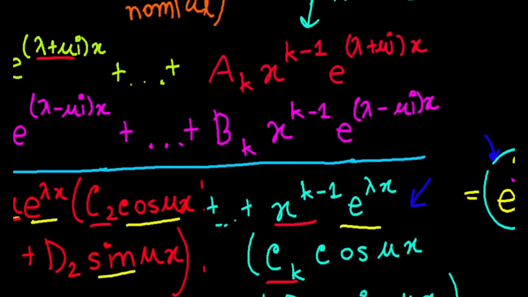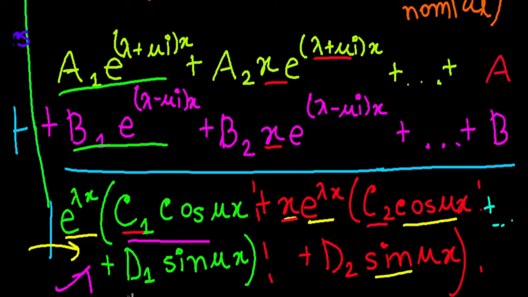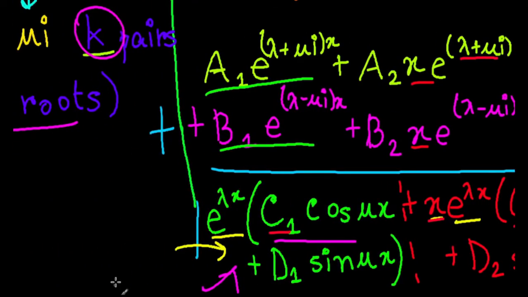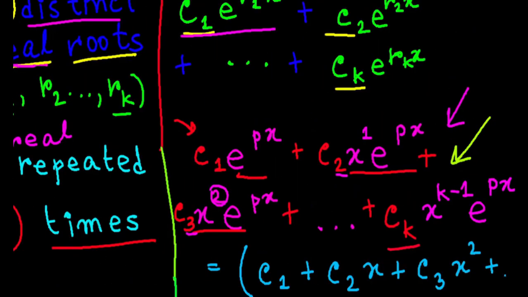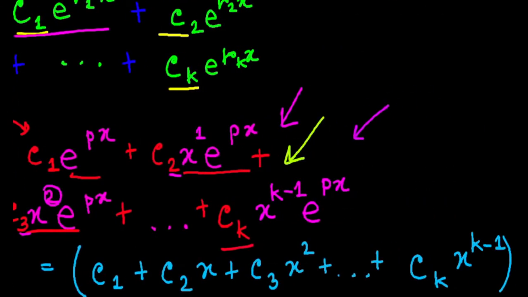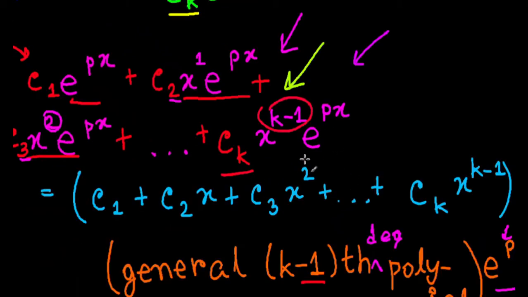So we have a repeated real root, right? And the power of x, at least the highest one, is k minus 1. It's 1 less than the number of times that root is repeated. We need to be aware of that.